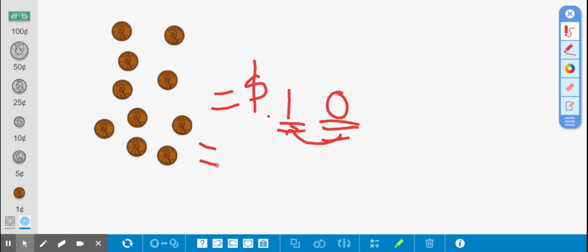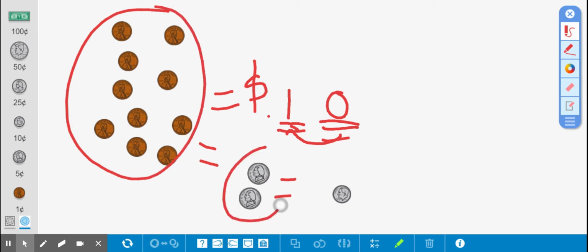Also know that this would be equal to 2 nickels, which is also equal to a dime. And this is still equal to the same amount, meaning it is 10/100ths or 1/10th or 10 cents. Okay, makes sense?